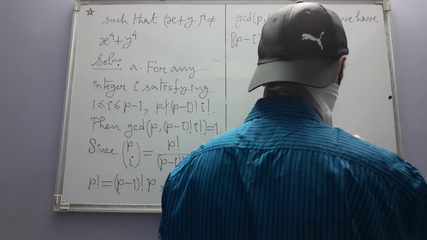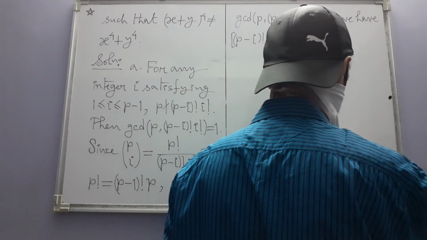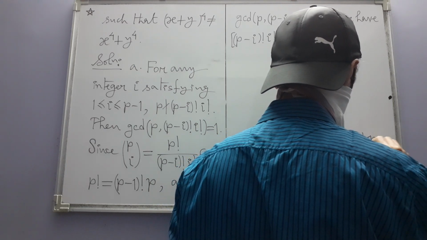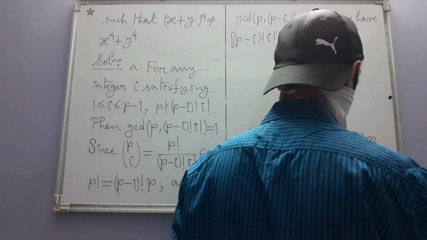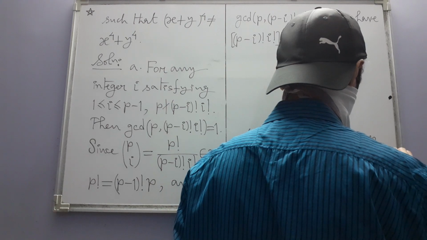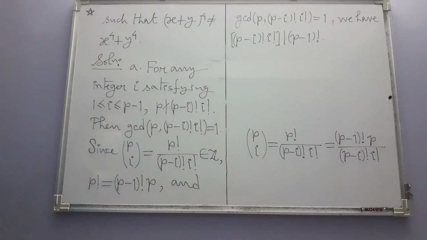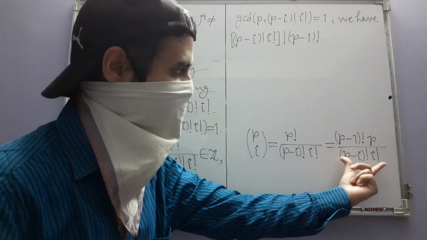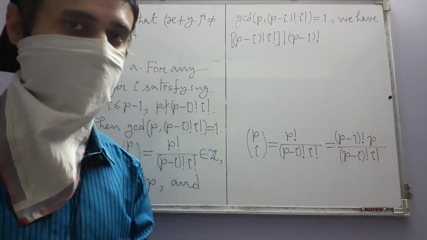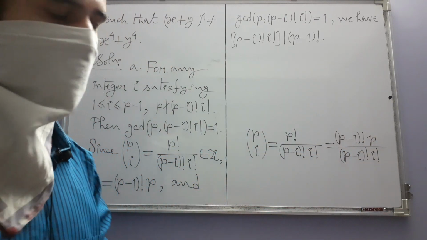But the numerator is this product. Now we also know that P and this denominator are relatively prime. There is no common factor other than 1.